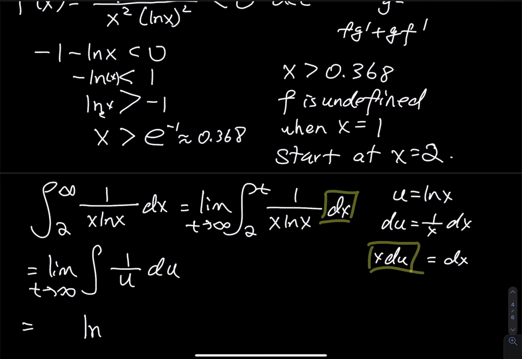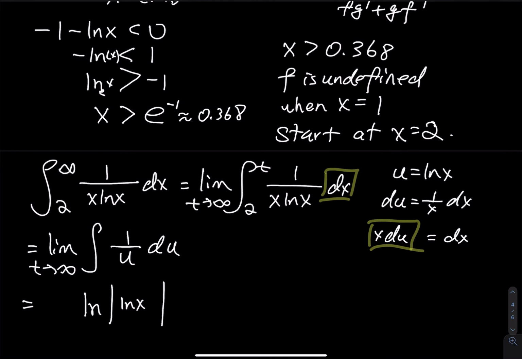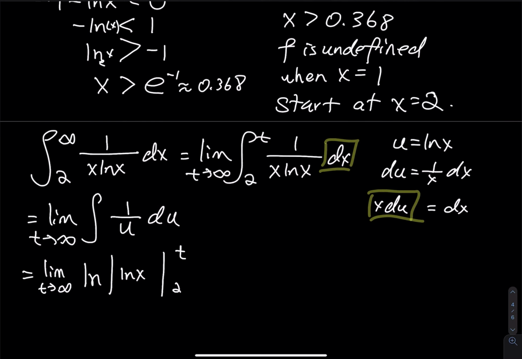We need the absolute value because with ln x we cannot guarantee that it's always positive. So this one we put the t back, and the limit goes from 2 to t, and then we do the plug-in. So ln of ln t, which is infinity, and then minus ln of ln 2.